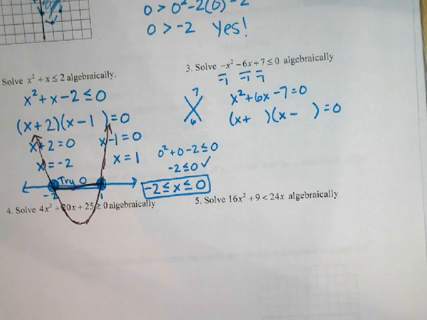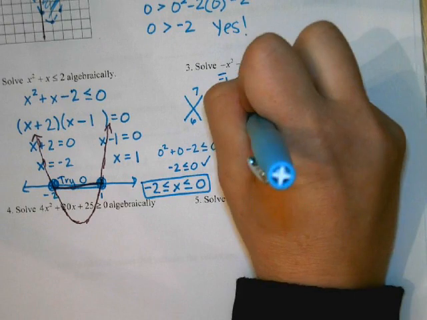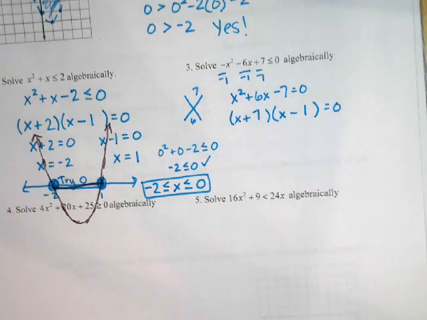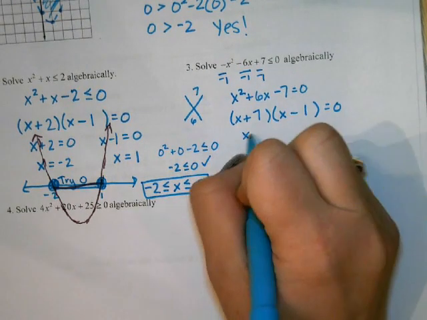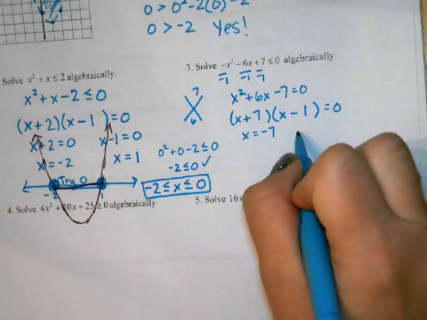I need two numbers that multiply to 7, but subtract to give you 6. Thanks. Awesome. Thanks, Sasha. That means x equals -7 and x equals +1.